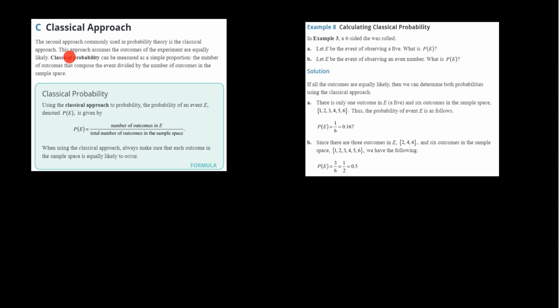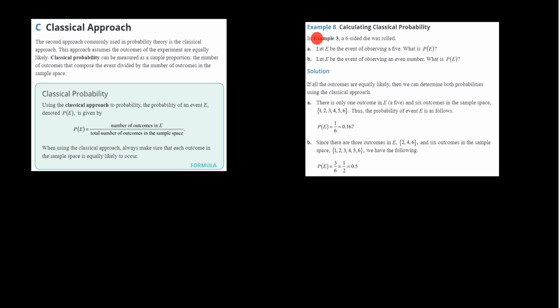This approach assumes the outcomes of the experiments are equally likely. Classical probability can be measured as a simple proportion, the number of outcomes that compose the event divided by the number of outcomes in the sample space, which is pretty much like what we did before.